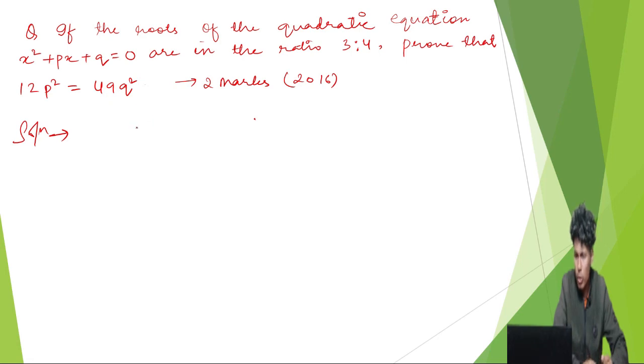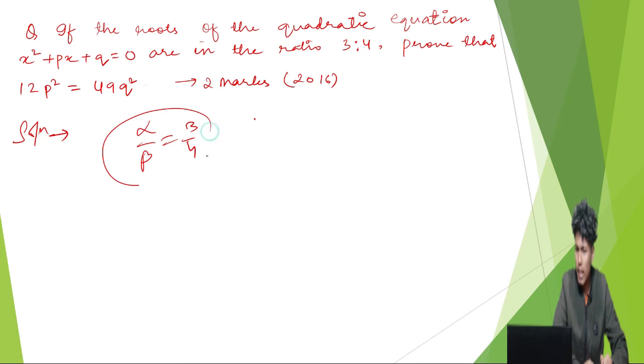Since it is in the ratio, suppose I say alpha by beta is equal to 3/4.